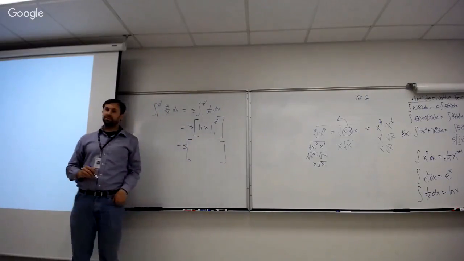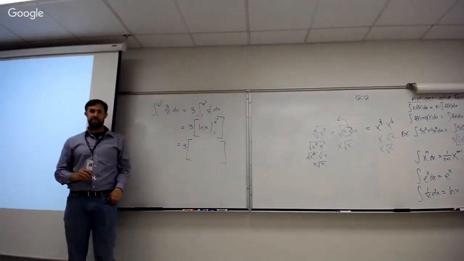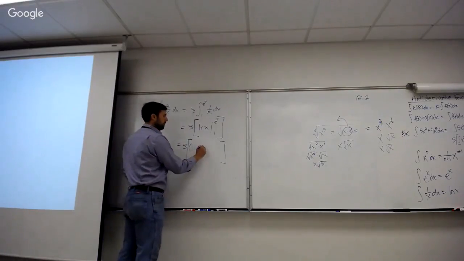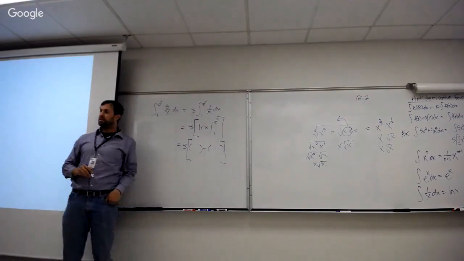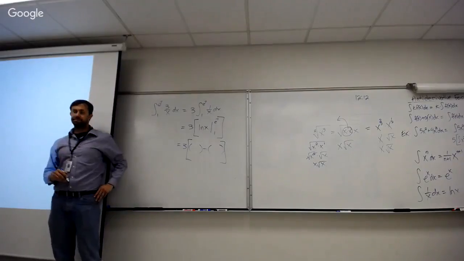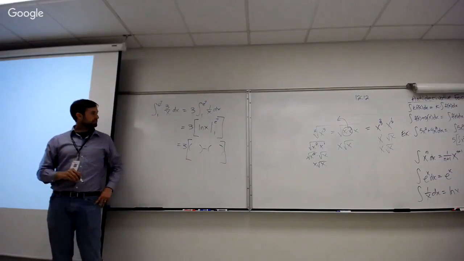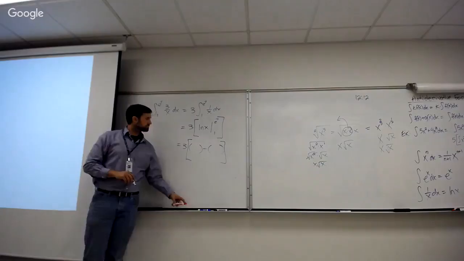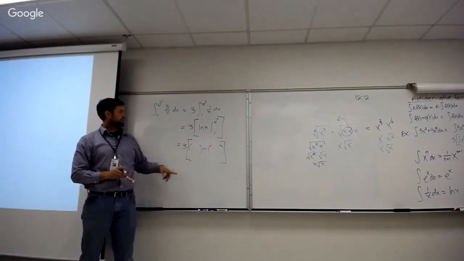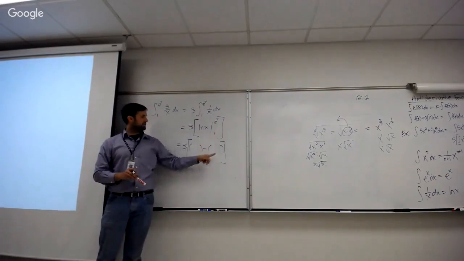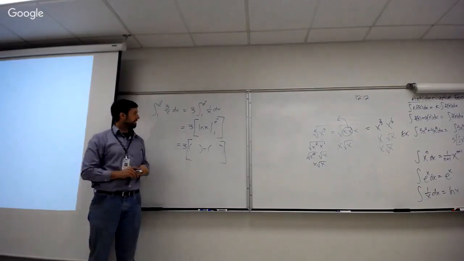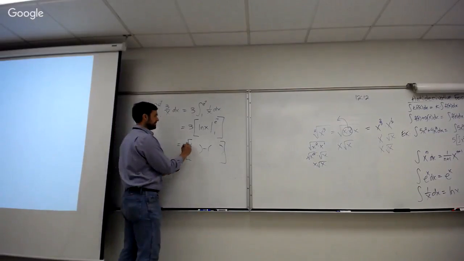So what does the fundamental theorem of calculus tell us? To write down parenthesis minus parenthesis. We're going to plug in the upper limit, plug in the lower limit, and subtract. So what does that give us?